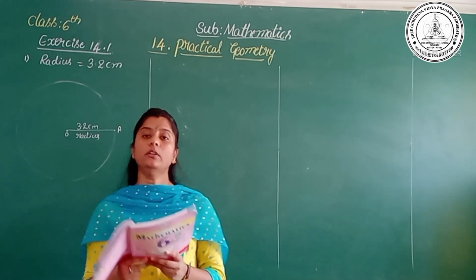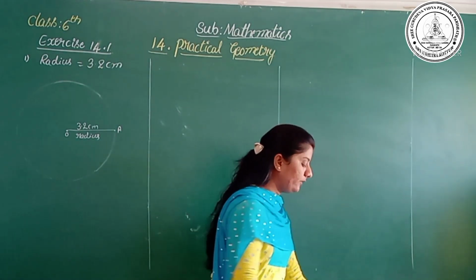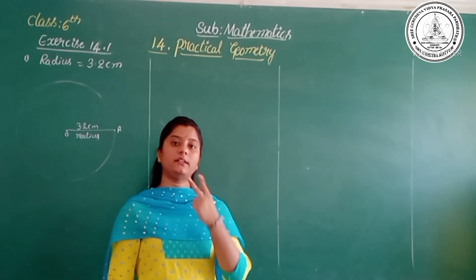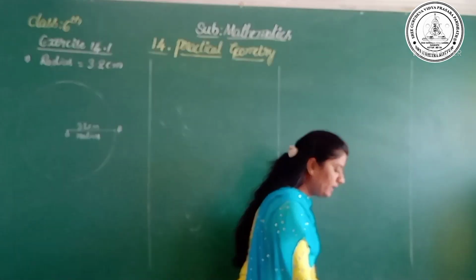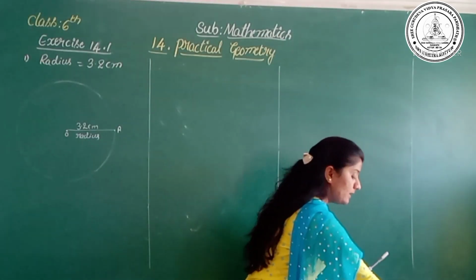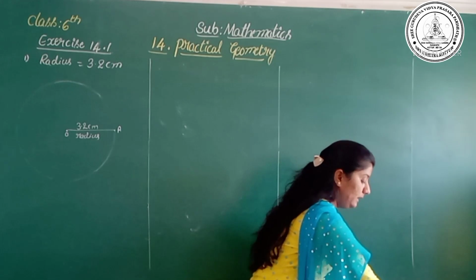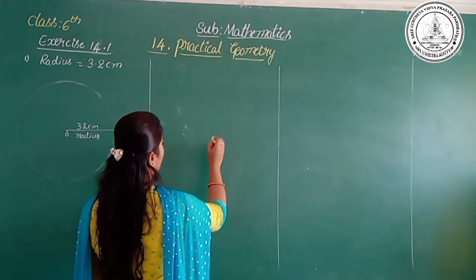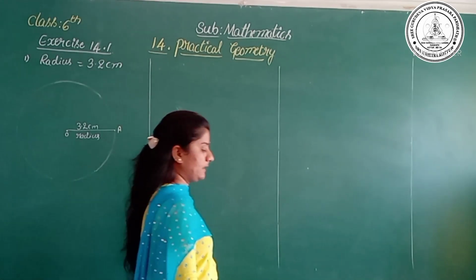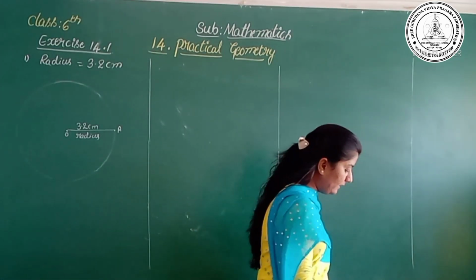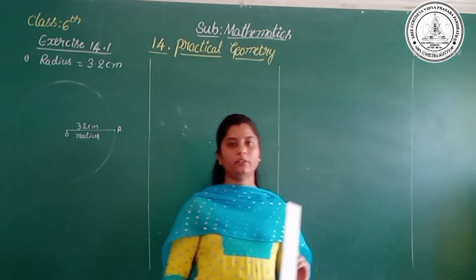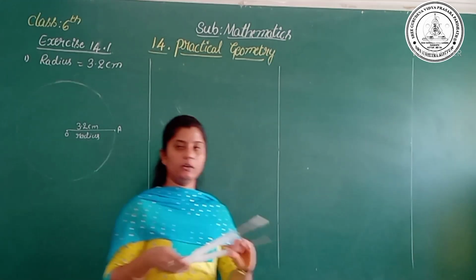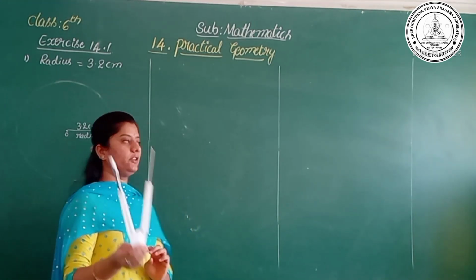Again we have to draw circles having one center but different radii. So first we have to mark the center of the circle. In the middle I will mark the center of the circle. Then I will first take 2.5 centimeter. Now it is the length of 2.5.